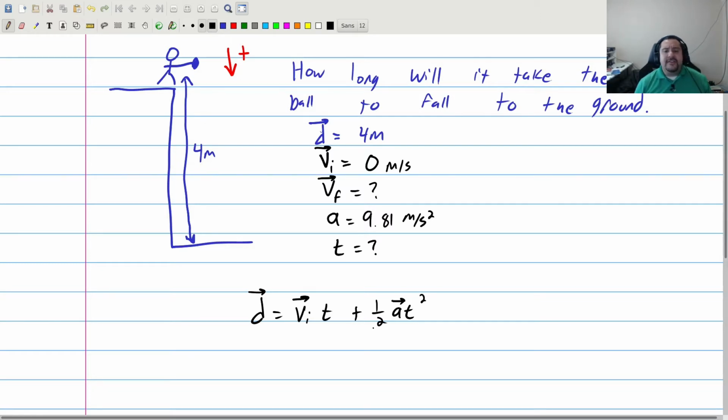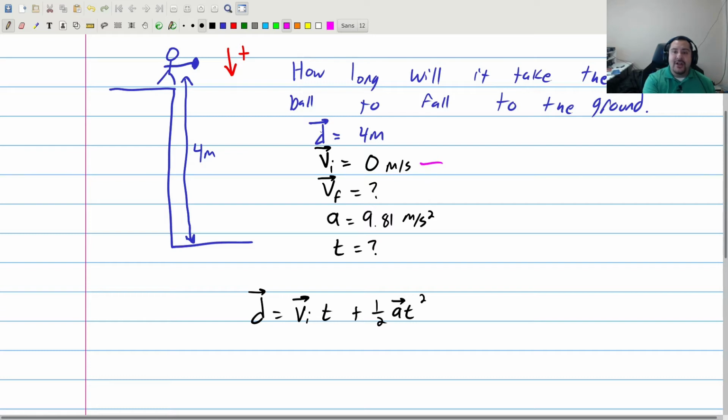Now in the previous video, you might have heard me say that solving this thing for t is awful because it's going to require the quadratic equation. Well, most of the time. But sometimes there are little tricks you can use to help us solve this problem. In this case, before we do anything, I'm going to point something out.